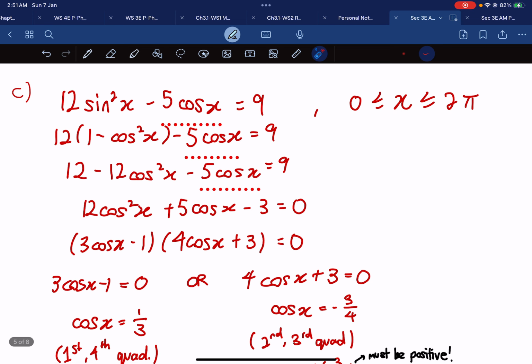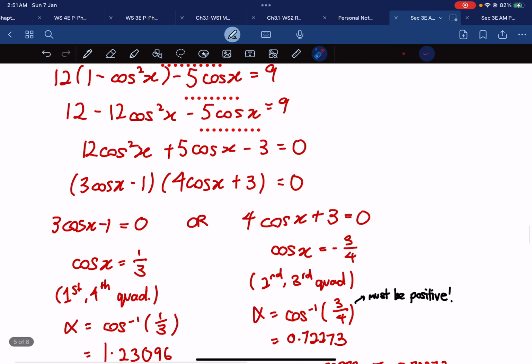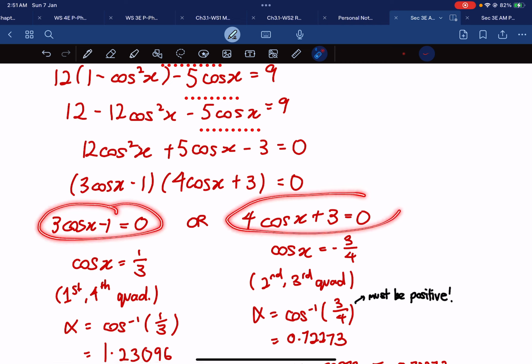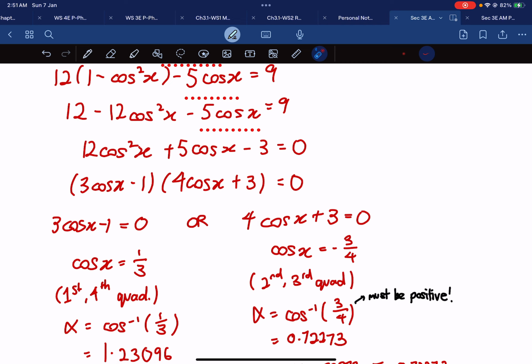So you can do whatever way you want. You just need to make sure that you manipulate the equation. And if I have a certain factor times a factor equals to 0, then from there I can equate that either one of the factors will be equal to 0 to solve trigo equations.